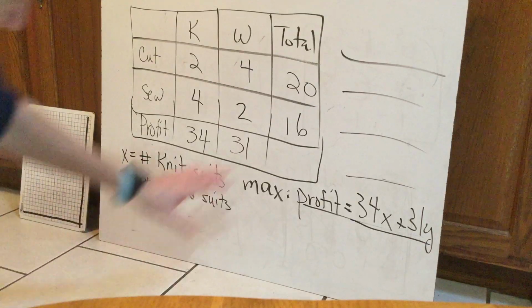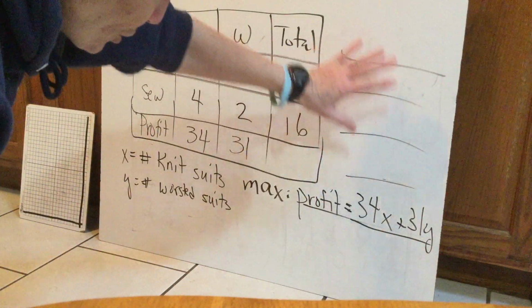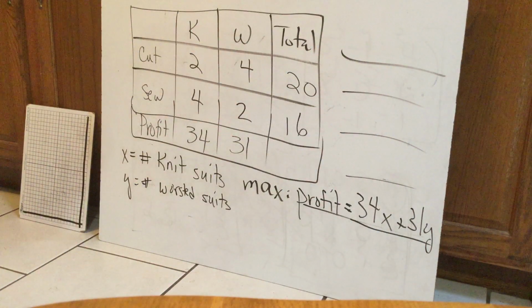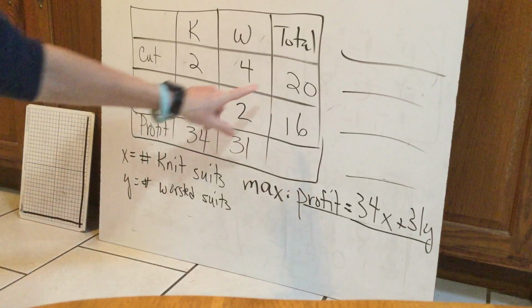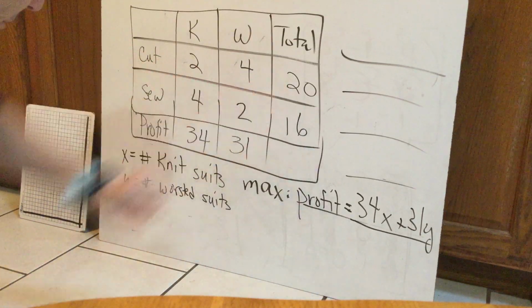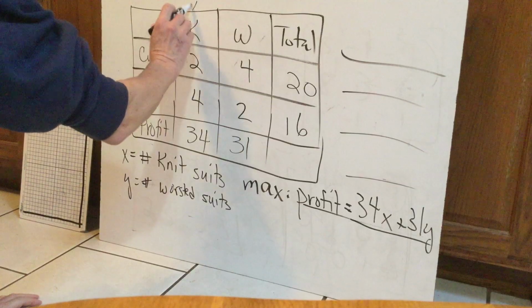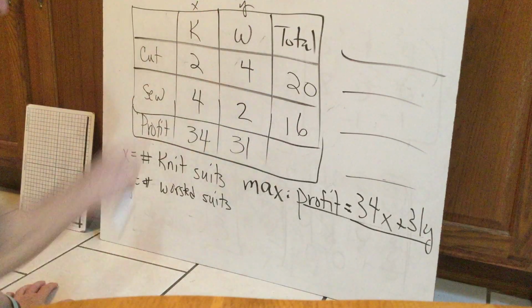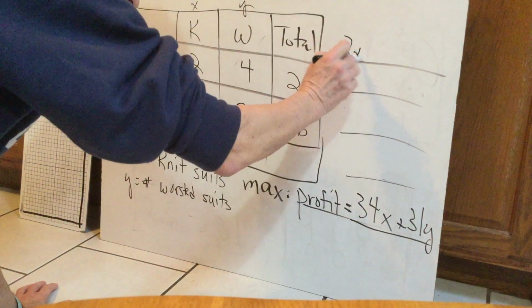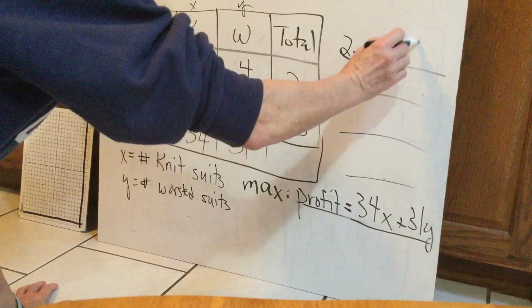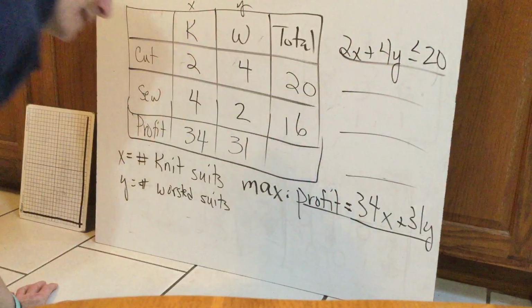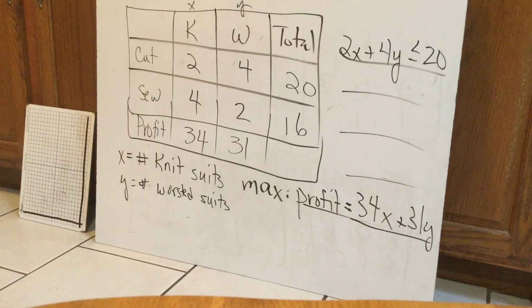Now, what are my restrictions over here? They call them constraints. What are the things that are kind of limiting me in the problem? Well, I only have 20 hours of cutting available. So 2 X's and 4 Y's have to add up to be less than or equal to 20.